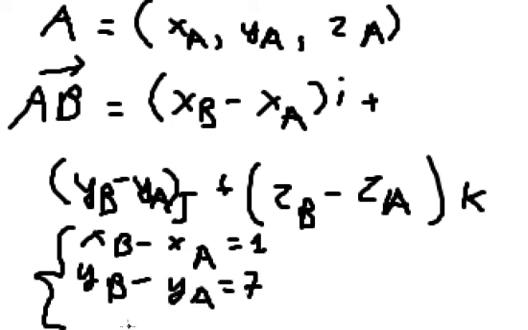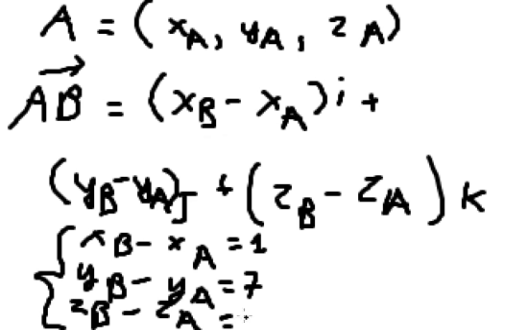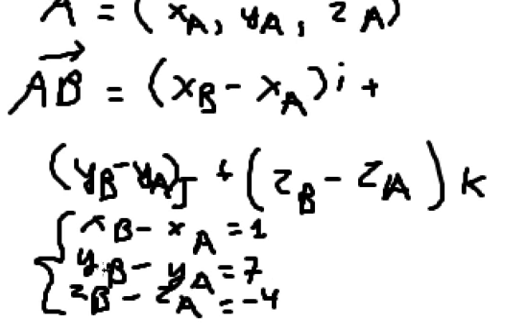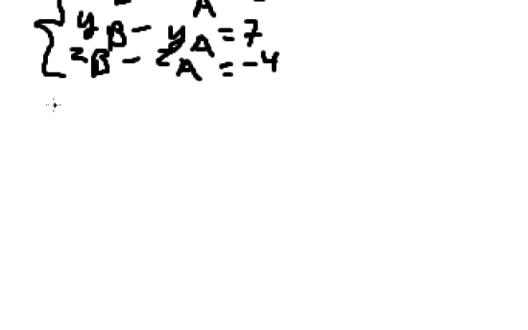And zB minus zA, that is about negative number 4. So we have xB, yB and zB, that's about 7, 5 and number 1.